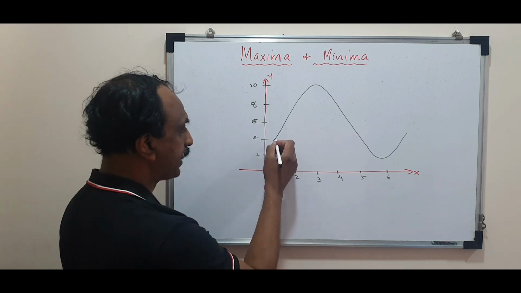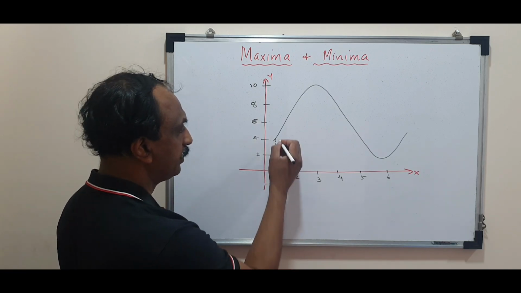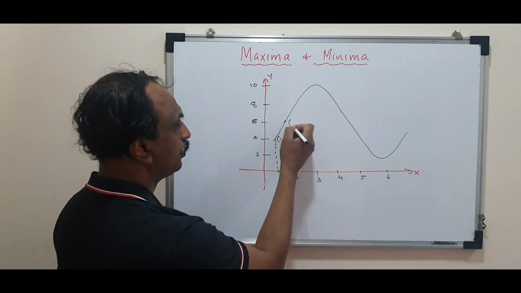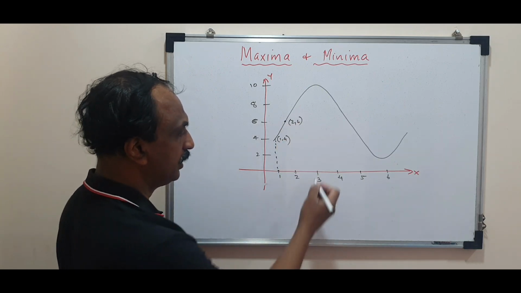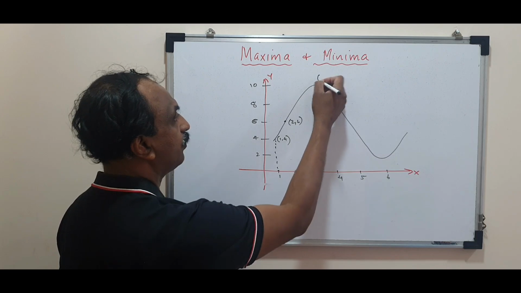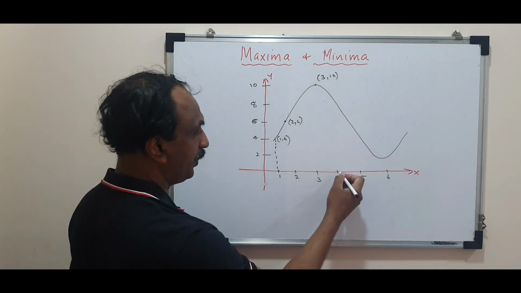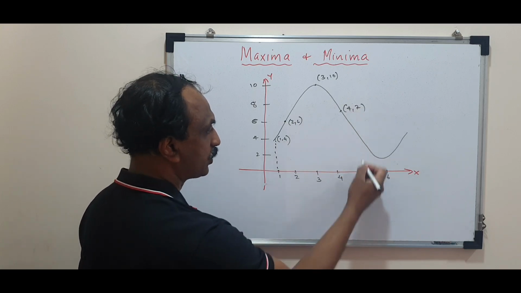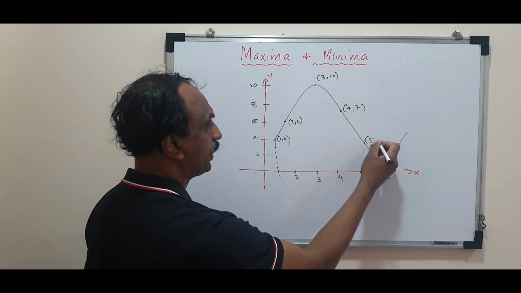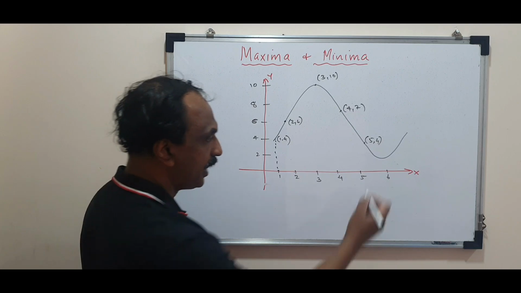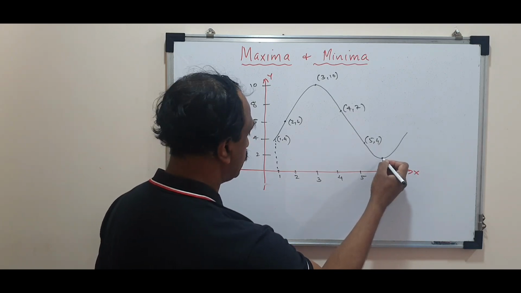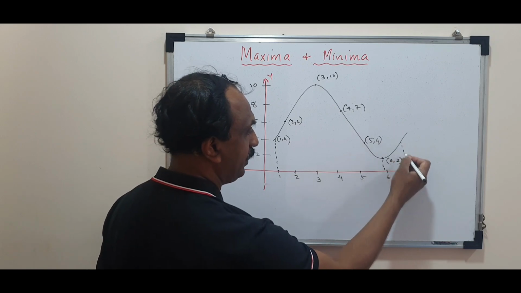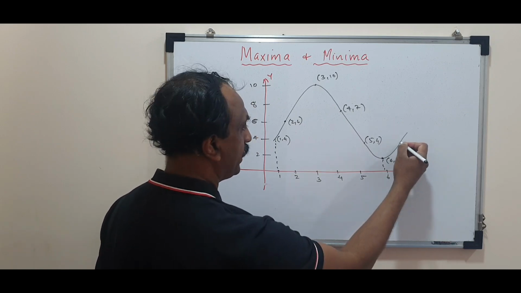Let's say when x coordinate is 1, y coordinate is 4. When x is 2, y is 6. When x is 3, y is 10. When x is 4, y is 7. When x is 5, y is 4, etc. And when x is 6, let's say y is 2. And when x is 7, y is 3.